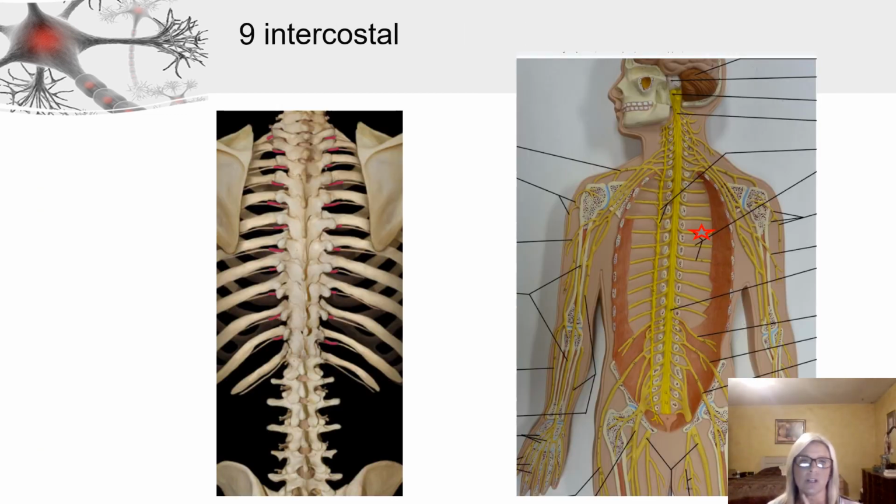So here's a really good example of why understanding what these terms in anatomy mean matters, and this will go on throughout. You should already know intercostal from when you took Anatomy 1, learning about the muscles. Inter means between, and costal refers to the ribs, so in between the ribs. So these are the nerves in between the ribs. These are very clearly seen there in pink over here on the left. They're not as well seen there.